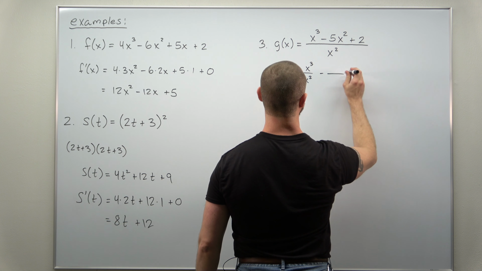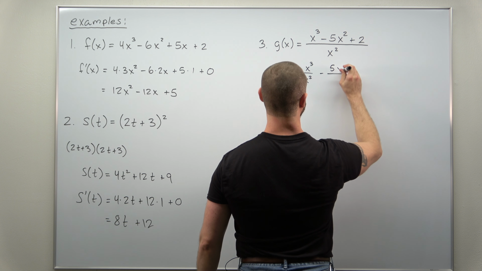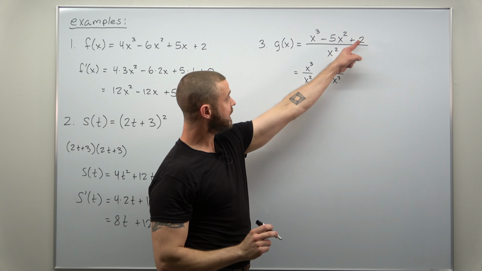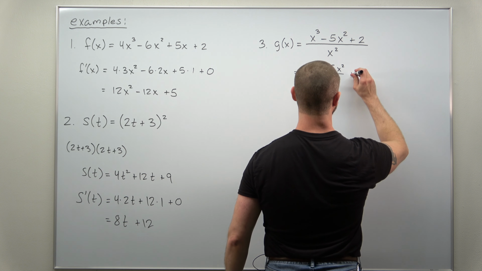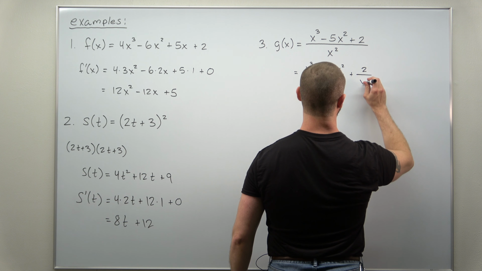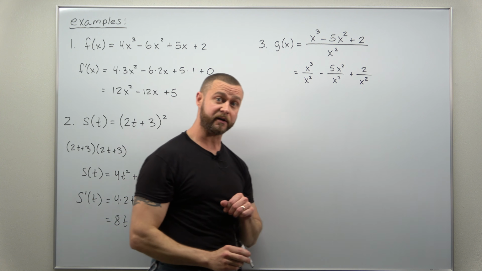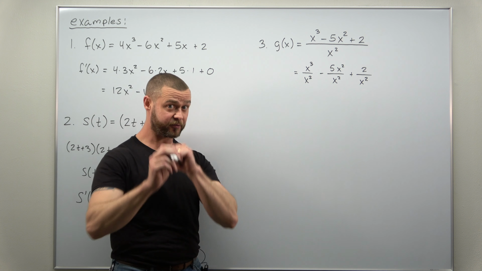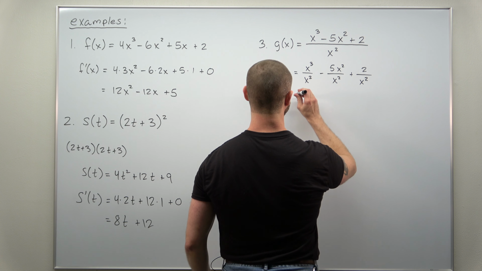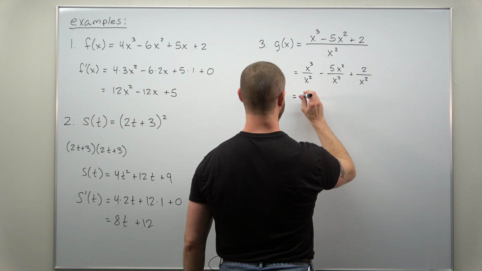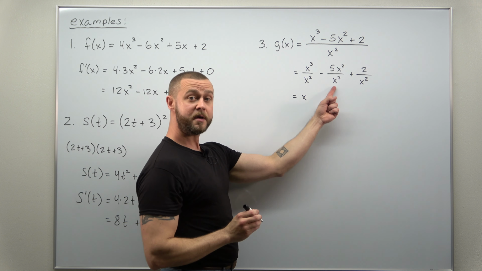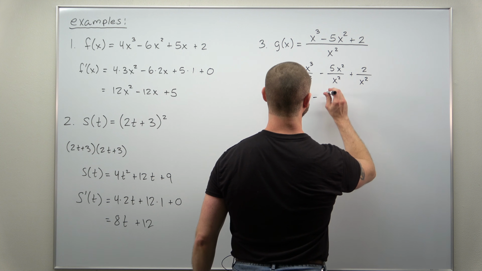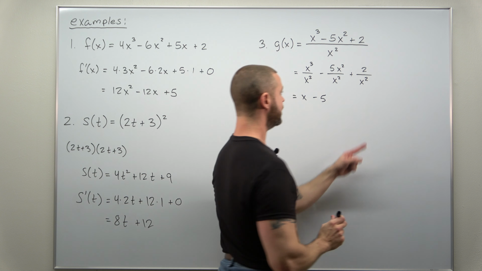We're going to have minus 5x squared divided by x squared, and then your last term, 2, we're going to divide that by x squared as well. All right, go ahead and simplify this. We're not differentiating yet. Your first term, you can rewrite that as x. In the middle, the x squareds cancel completely. We can write that after simplifying as minus 5.